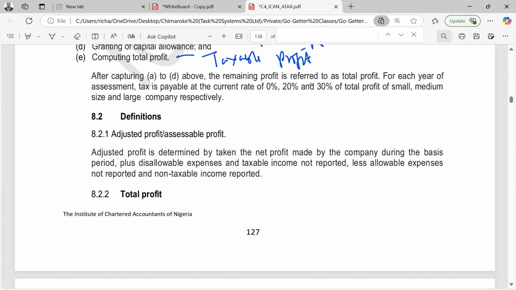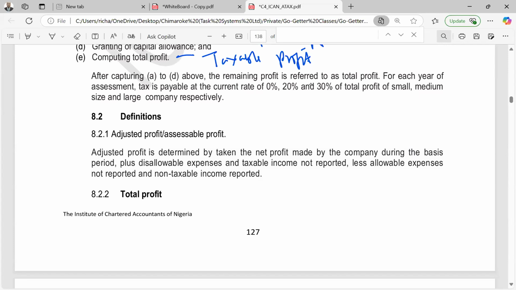Then they will look at things that are supposed to be taxable, but they are not reported. They're going to add them. Then they will look at some expenses that are supposed to be allowed, but were not reported. They are going to less them. So you see, there's a bit of an adjustment here and there.